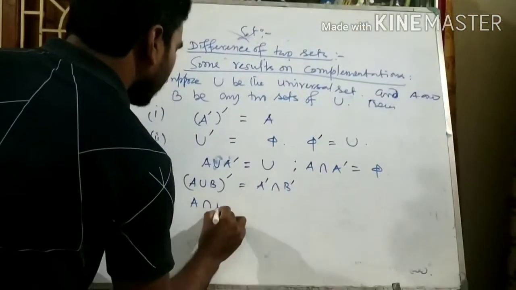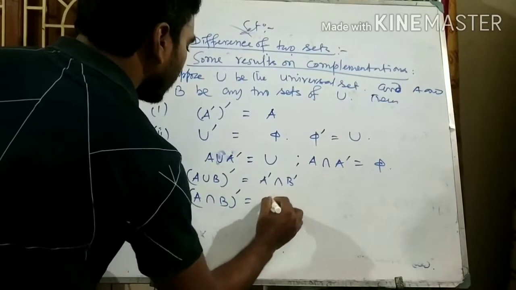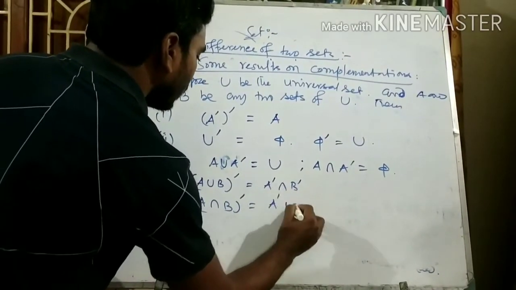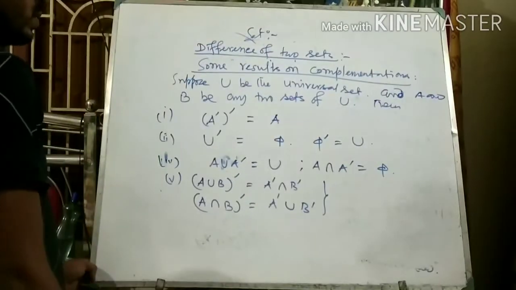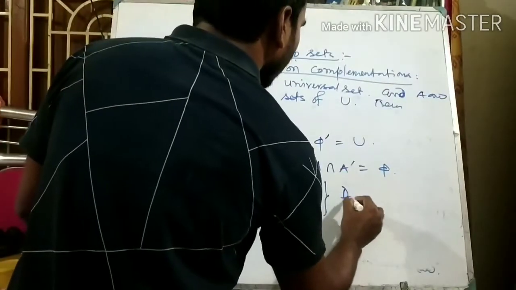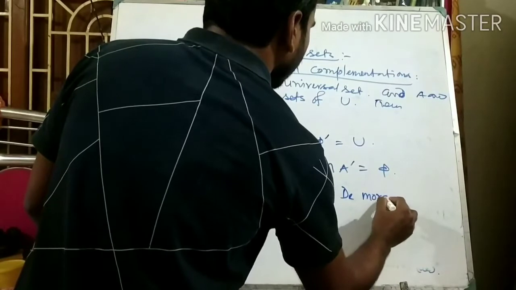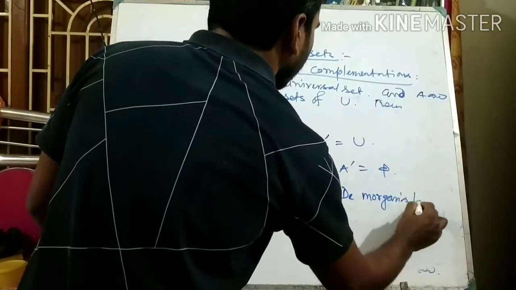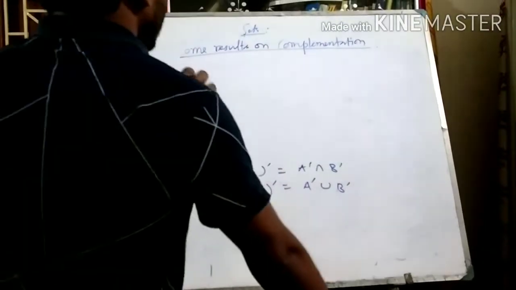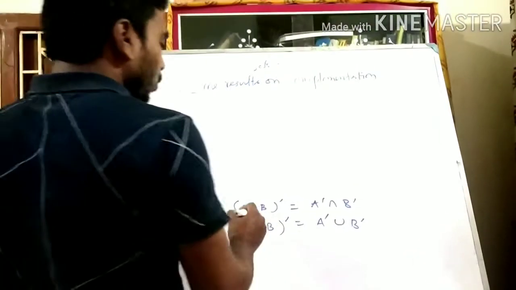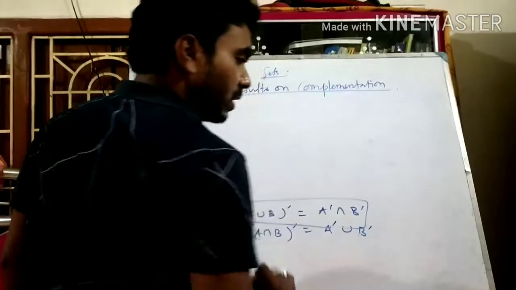A intersection B complement is equal to A complement union B complement. These two laws are called DeMorgan's law. Now we prove this portion only of DeMorgan's law.